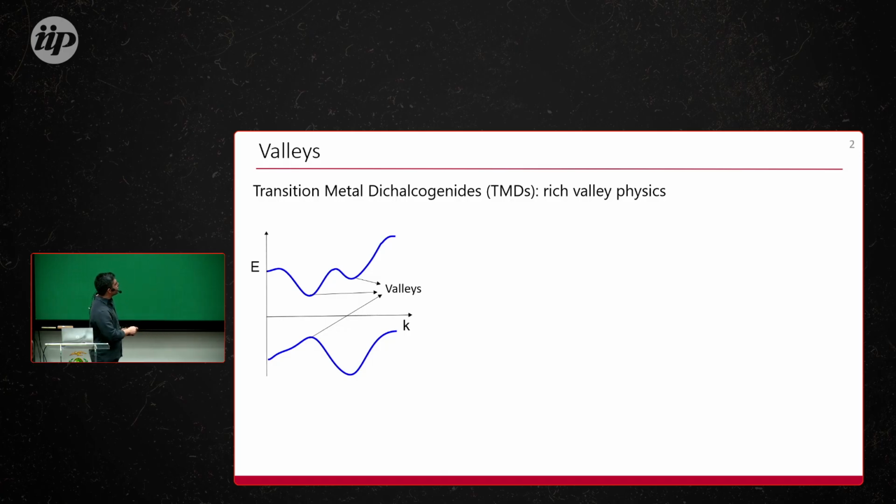Basically here is only a dispersion plot, so you can consider just the energy as a function of K. A semiconductor basically has this gap over here. You have the valence band and the conduction band. So what is a valley? A valley basically means that we have the minimum in the conduction band and the maximum in the valence band.